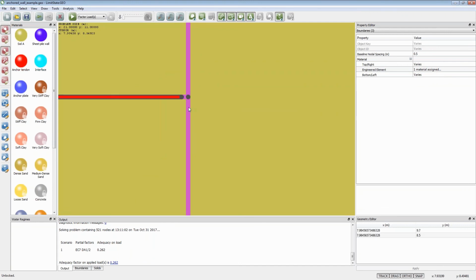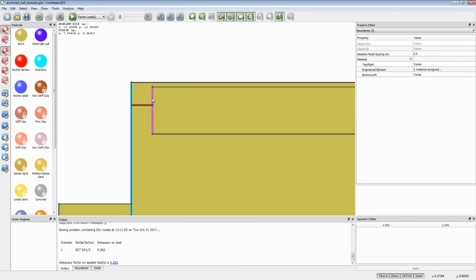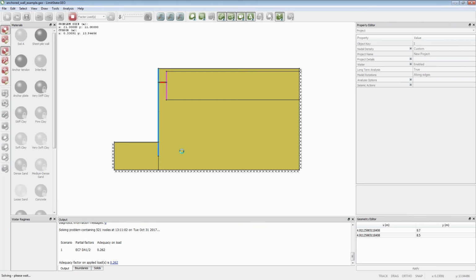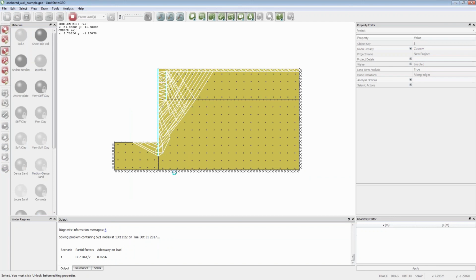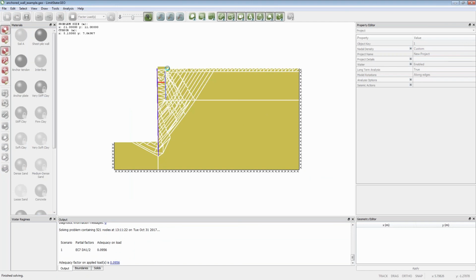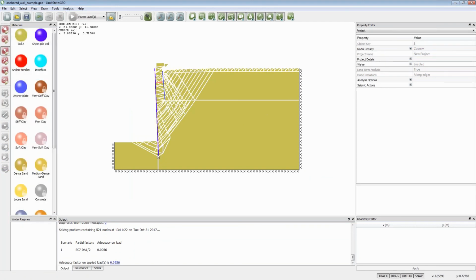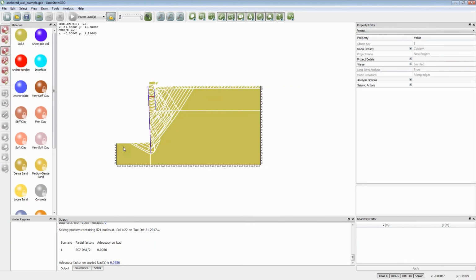So what I'm trying to illustrate here is that we will get the full interaction of the two systems, and you'll get the corresponding analysis in that case. So here effectively we're almost back to just a simple cantilever wall analysis and a very low factor of safety in this particular case. So we can deal with interaction of those components.